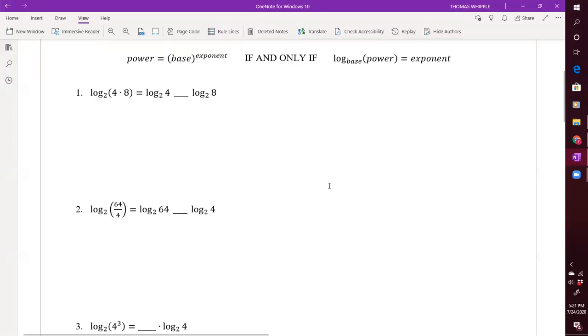I think one of these blanks will be filled in with a number. We're using some easier numbers. You shouldn't need a calculator to do this, but you can analyze the logarithms and then hopefully fill in what you think goes in the blanks. Pause the video, take a few minutes to do this for numbers 1, 2, and 3, and then we'll go over them.